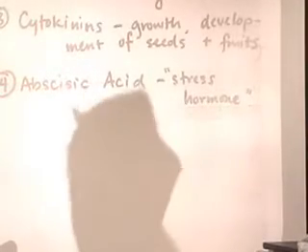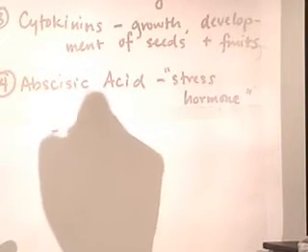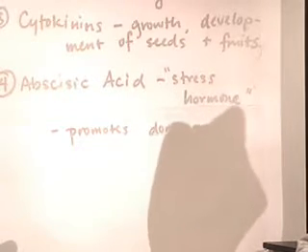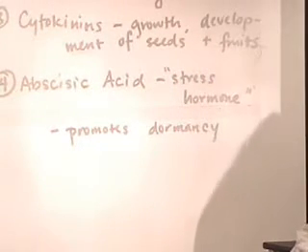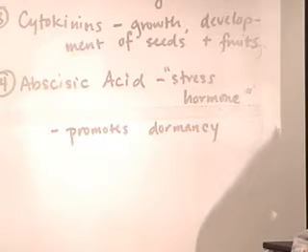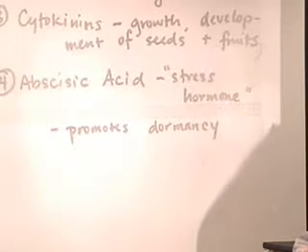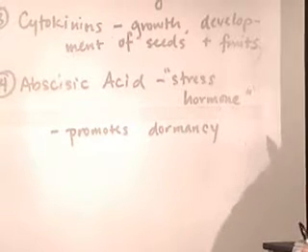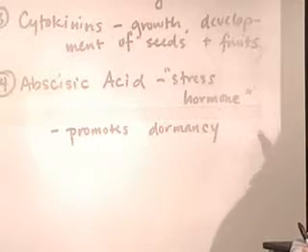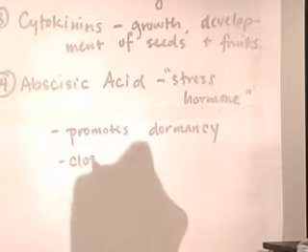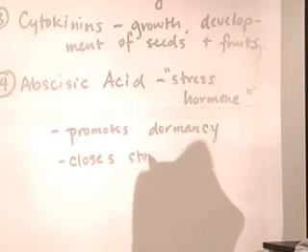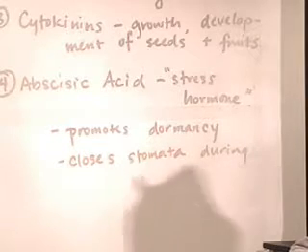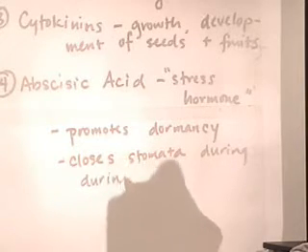So what abscisic acid does is it promotes dormancy. Because when your plant doesn't have the right environment to thrive, it's going to try to be dormant so that it can sort of hibernate in a sense until the conditions become favorable again. So it promotes dormancy, and it also closes the stomata in dry seasons. That way the plant's not losing too much water.